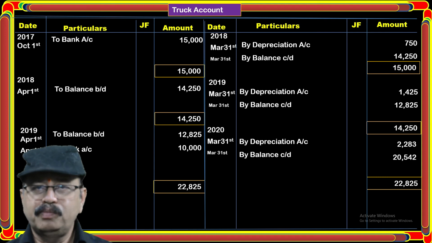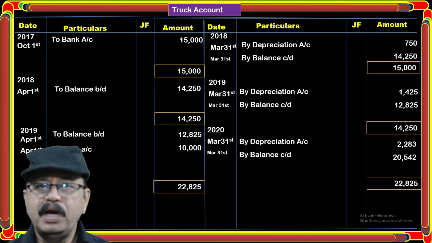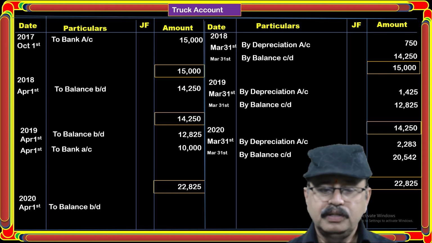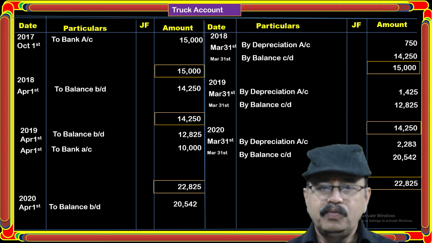They asked us to prepare 3 years' truck account, so we prepared 3 years' truck account. At the end of the third year, whatever balance we are showing here should be transferred to the next year. 2020 on the debit side, 2020 April 1st, to balance b/d, 20,542. So in this way we can show the truck account.